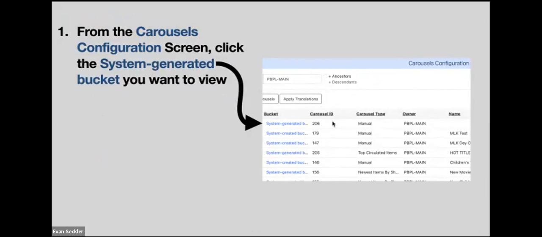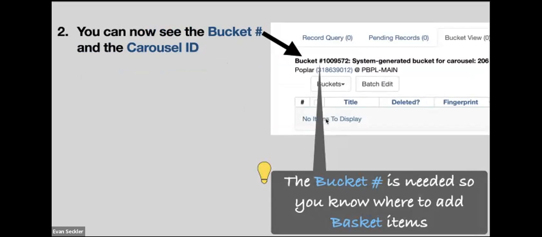And whatever you've named the carousel, that's the bucket you'll want to click on when you're adding, subtracting, modifying that particular carousel. If you click on that, you'll see the bucket number and the carousel ID. And those are both very important pieces.